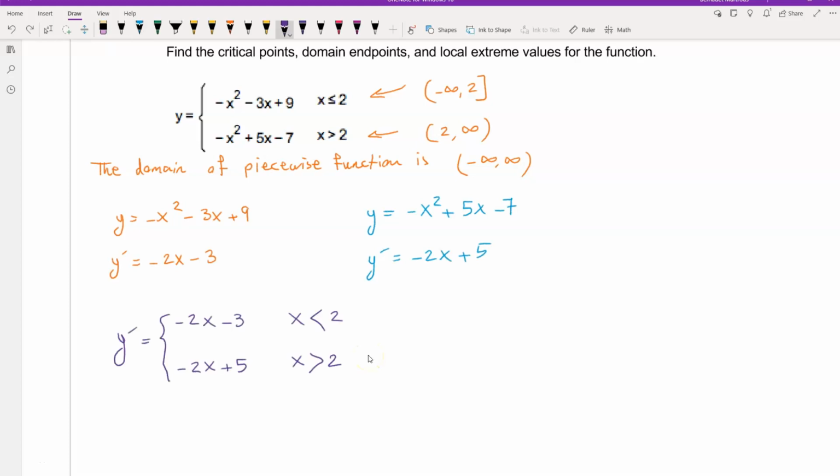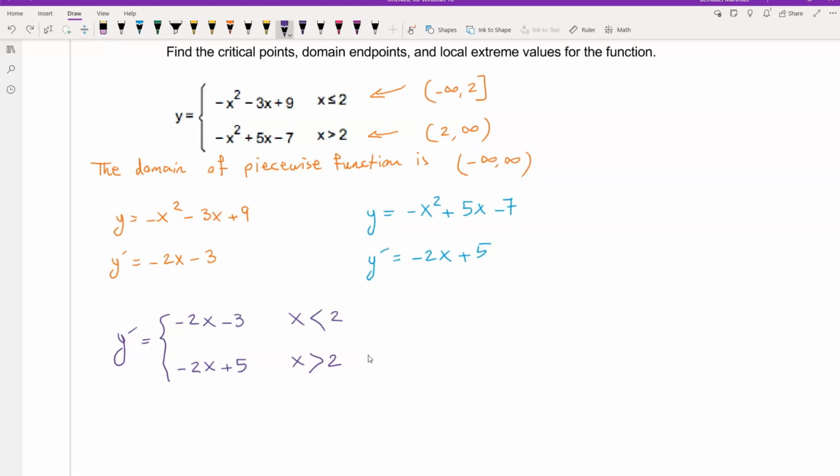Here is what we have for y prime: negative 2x minus 3 for when x is less than 2, and negative 2x plus 5 for x greater than 2. I don't have x equal to 2 here because we have to find the limit as x approaches 2 from the left and the limit as x approaches 2 from the right.